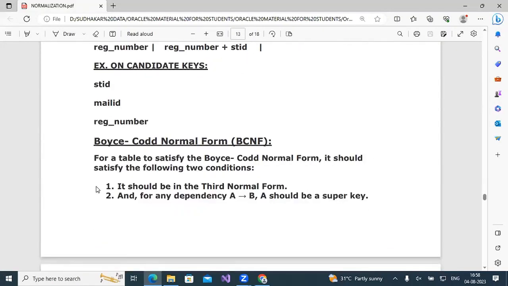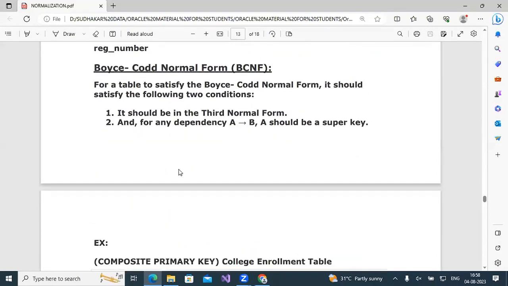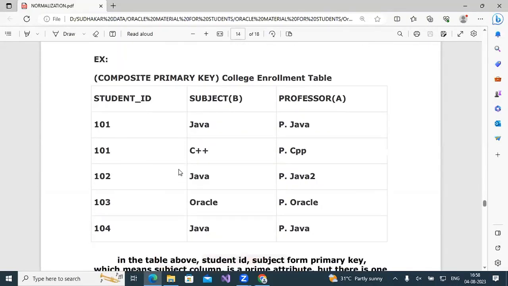Now we can move on. Observe carefully: Boyce-Codd normal form. Carefully read the college enrollment table: student ID, subject ID, professor. Student ID and subject are both composite primary keys.